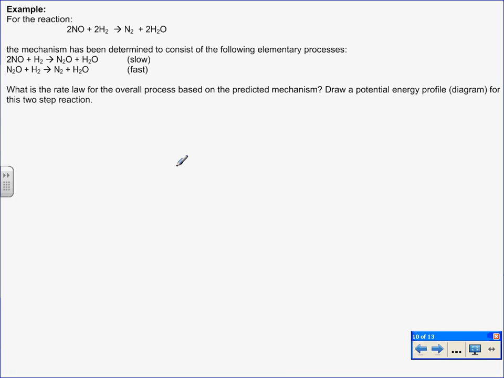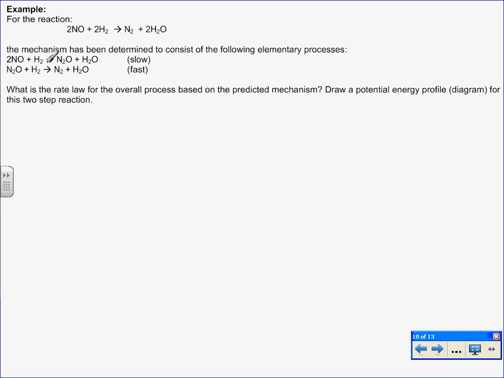So from this information, it's asking us to produce the overall rate law based on the mechanism. And what we know is that the slow step in a mechanism is connected to the rate law of the reaction. And it actually gives us the molecularity and the exponents of our rate law. So our slow step involves 2 molecules of NO reacting with 1 molecule of H2.